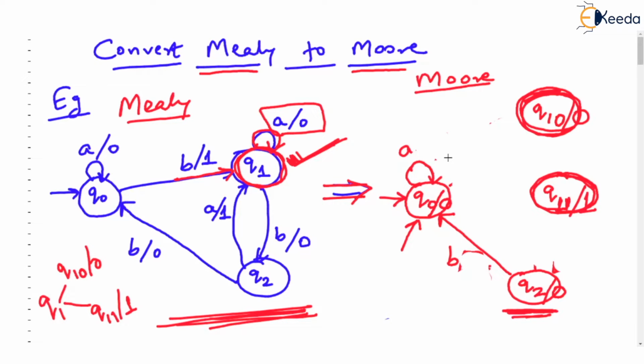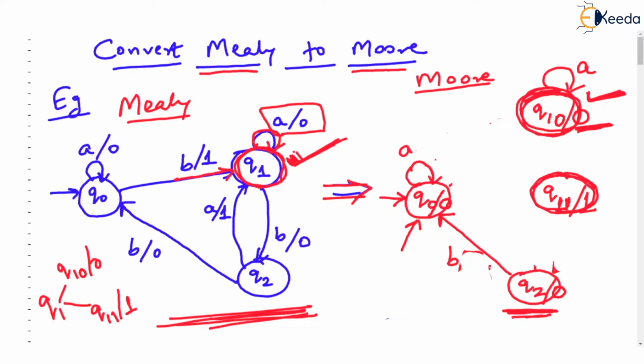So what we do is, we say when this Q1 state reads A, it remains in Q1 but outputs 0. So we will show a transition like this, that when Q1 state reads A, it outputs 0. Look at this output, which I am underlining.